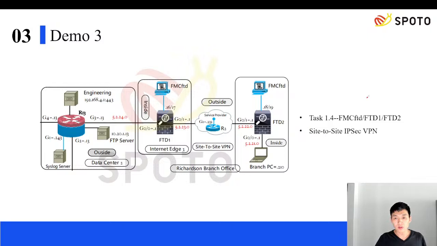And next demo here is about an independent task, which is task 1.4, about site-to-site IPsec VPN deployed on FTD1 and FTD2.